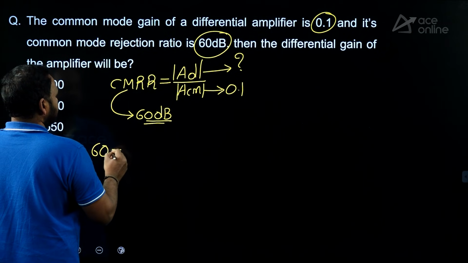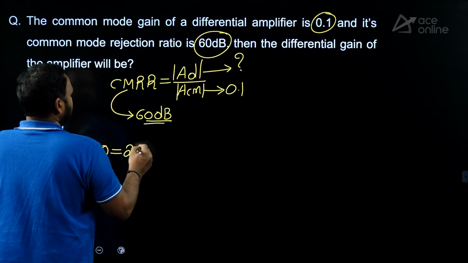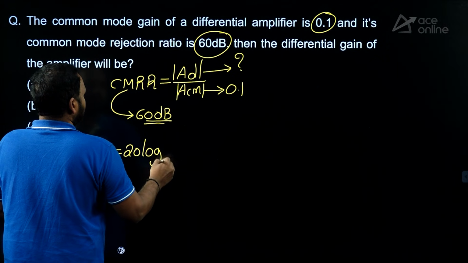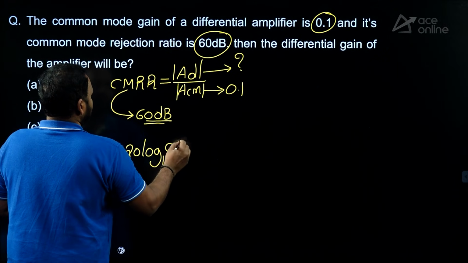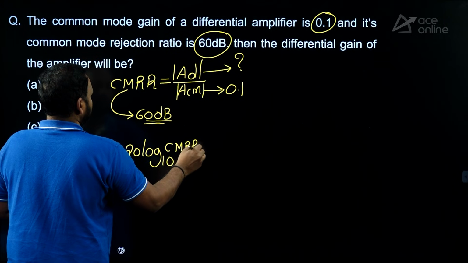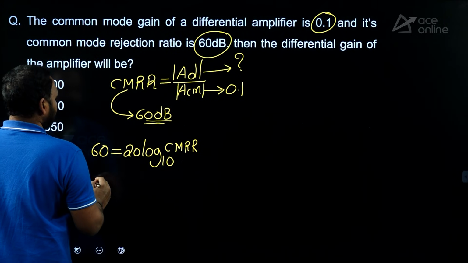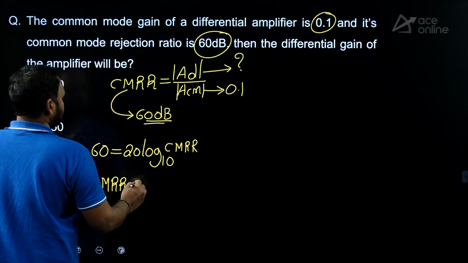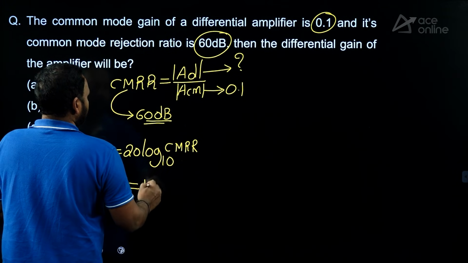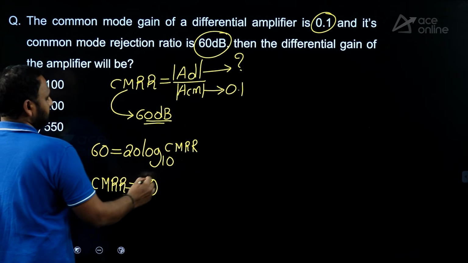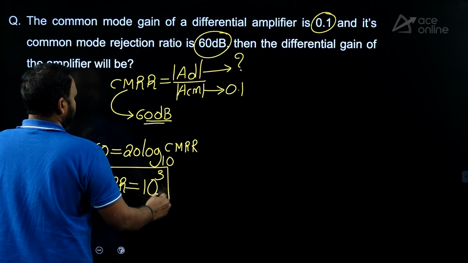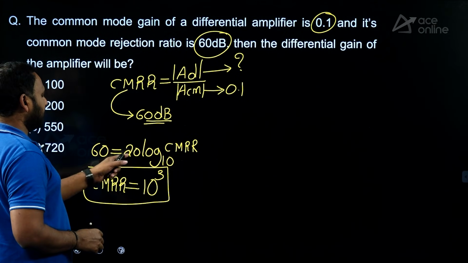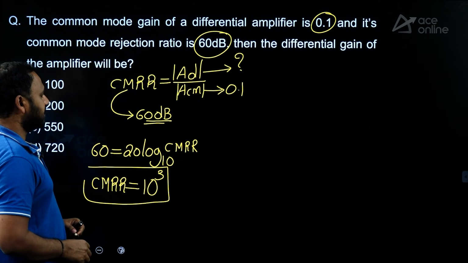60 is equal to 20 log base 10 CMRR, right? So, the CMRR is equal to 10 to the power of 3. Am I right? 60 by 20, and 10 to the power of 3 is equal to CMRR.